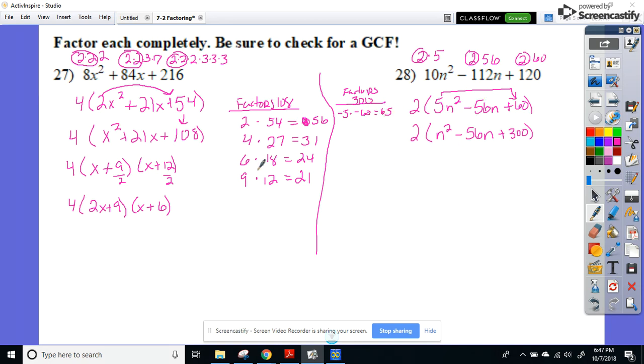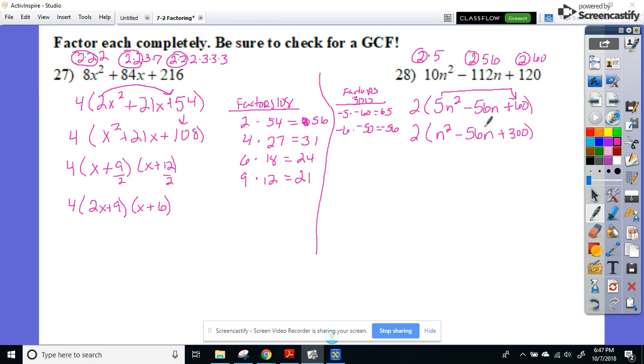Negative 5 times negative 60 would combine to give me 65. I'm not too far away from that. So let's do a number close to 5. Let's do 300 divided by 6. Negative 6 times negative 50 will give me 300, and a negative 6 and a negative 50 will combine together to give me a negative 56.